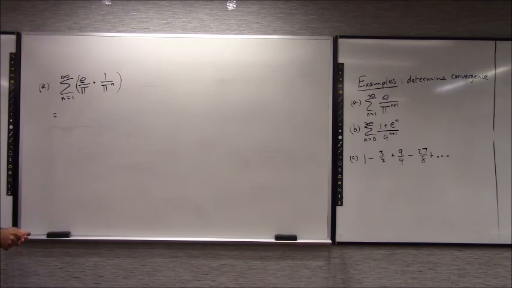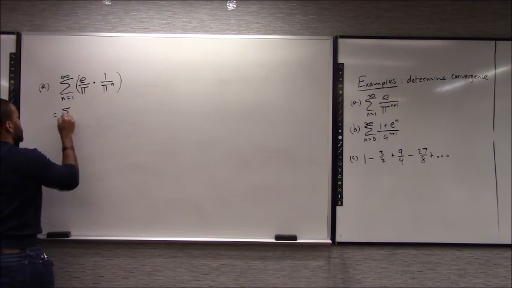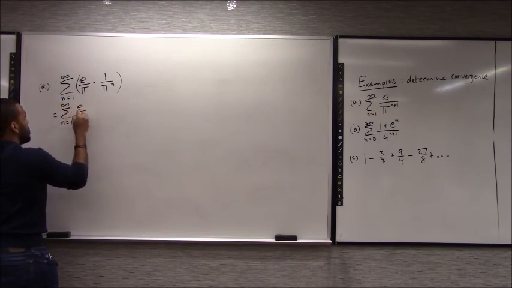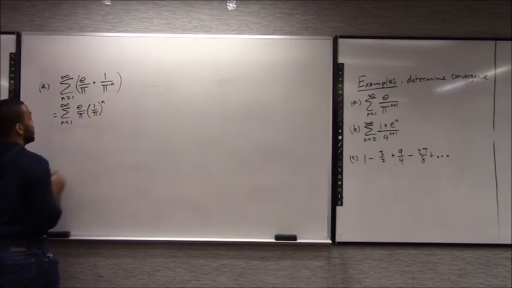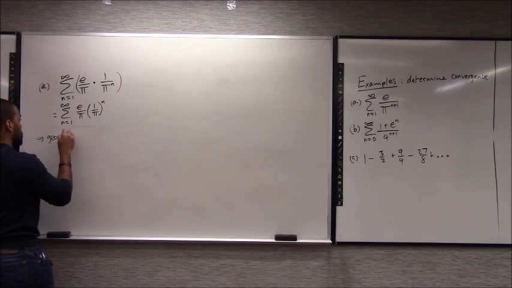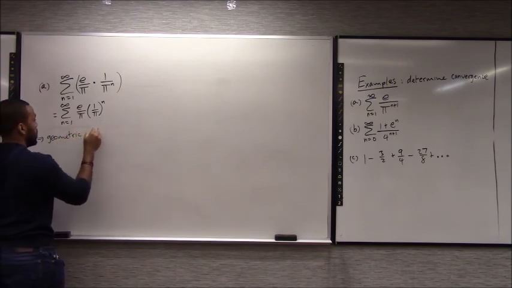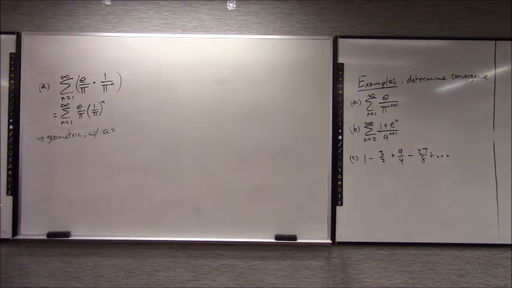Yeah? So then that's the geometric series, so r is 1 over pi. Right, so this you can write as e over pi times 1 over pi all to the n. So now you realize this is geometric. With a equals e over pi and r equals 1 over pi.